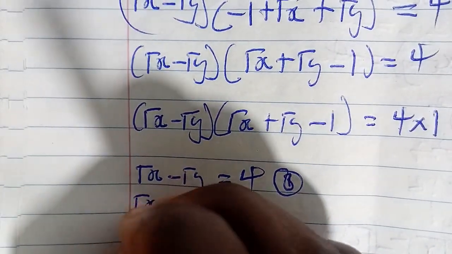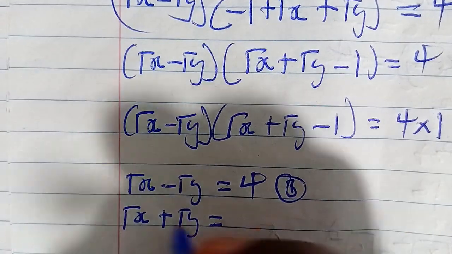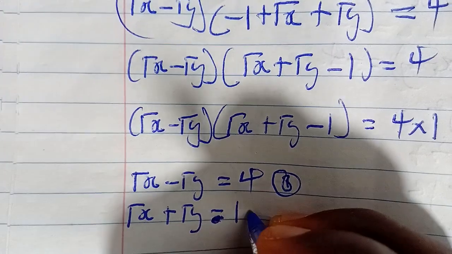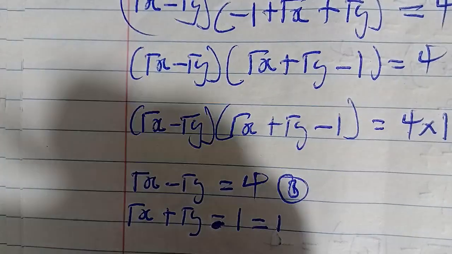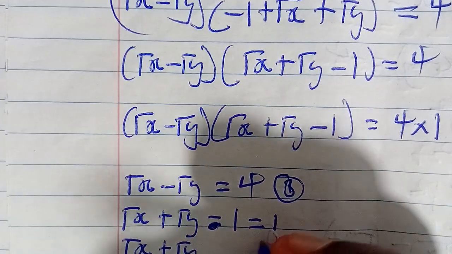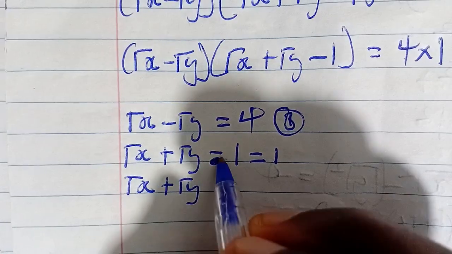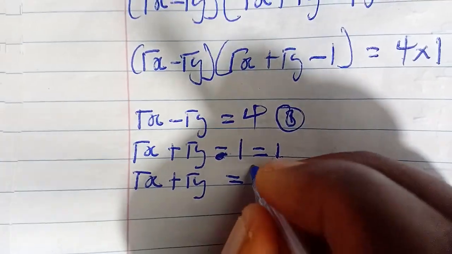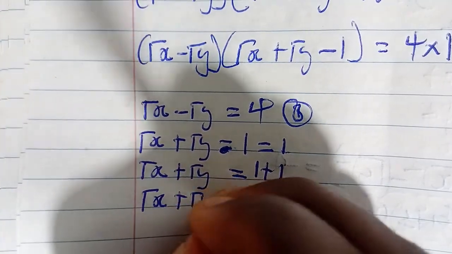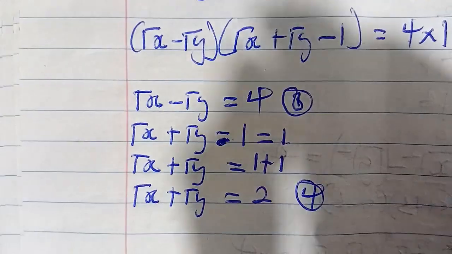Then root x plus root y minus 1 is equal to 1. So root x plus root y is equal to 1 plus 1, because this minus 1 crosses over. So root x plus root y is equal to 2. Let's call this equation 4.